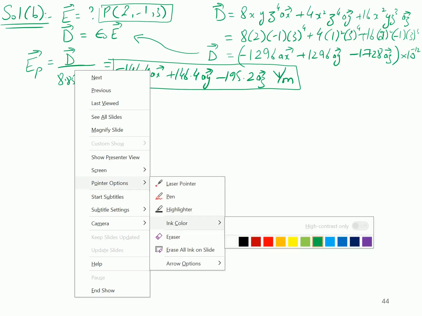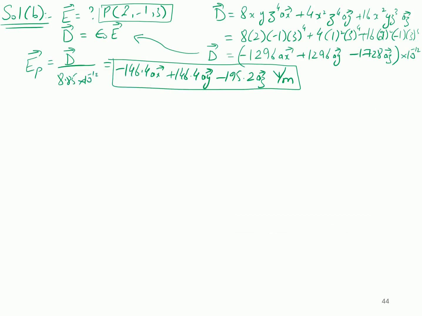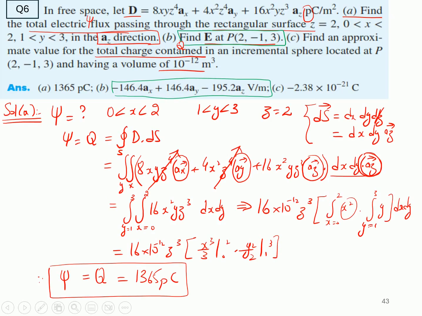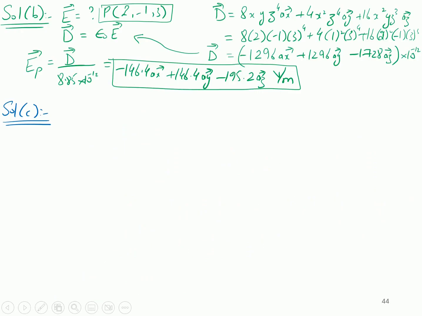In the third part, we have been asked to find what? So in the third part, we need to find the total charge contained in the incremental sphere P, which is 2, minus 1 and 3, having a volume of 10 raised to power minus 12. So again, we have been given the volume, which is 10 raised to power minus 12 meter cube.